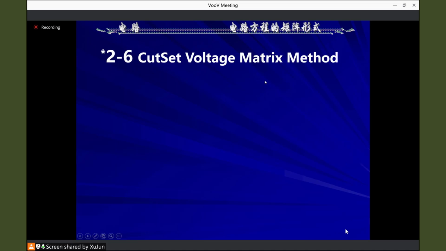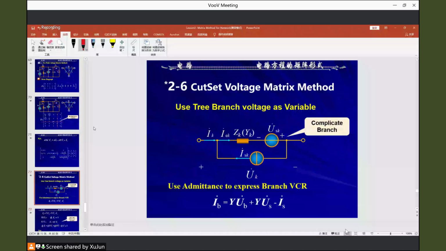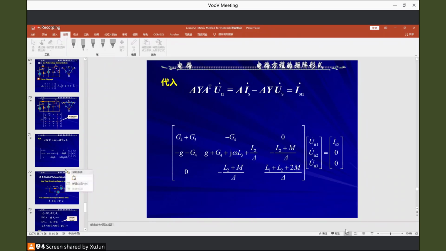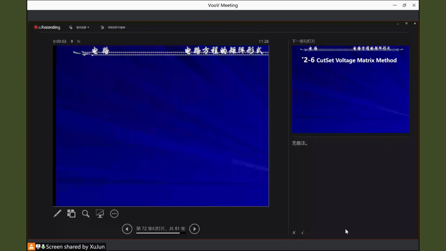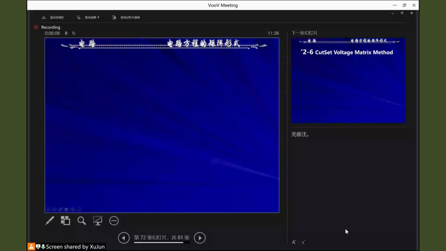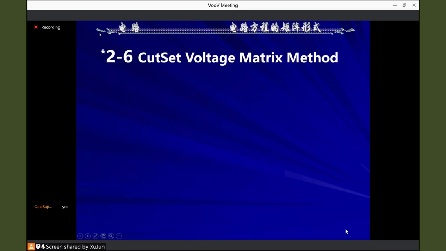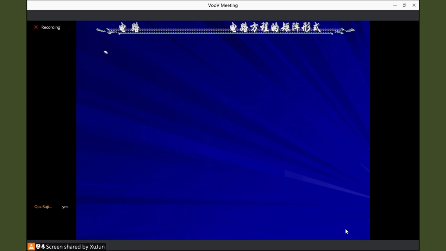Okay, today is enough. Let's make a conclusion. For today's class, we have introduced A, B, Q matrix at first, and then used A, B, Q to express KVL.